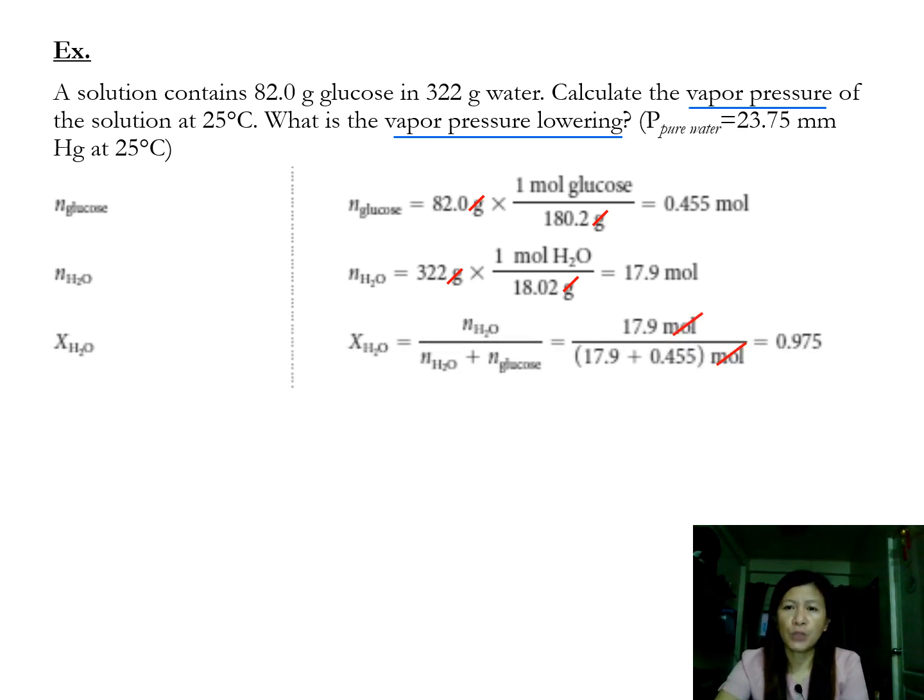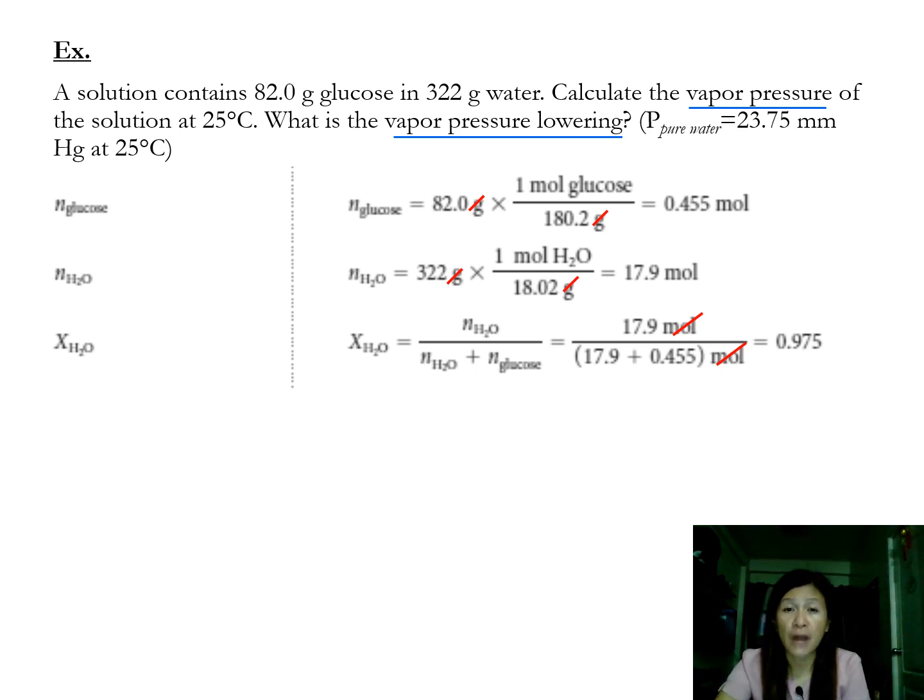So first, let's compute the vapor pressure of the solution, that is, the vapor pressure of the solvent over the solution. Using the equation P sub 1 equals X sub 1 times P sub 1 superscript O, we first get the mole fraction.